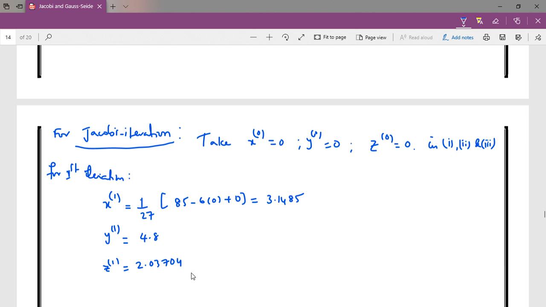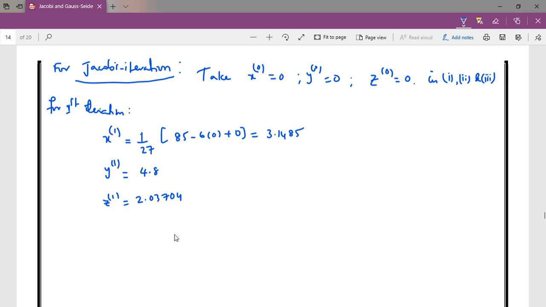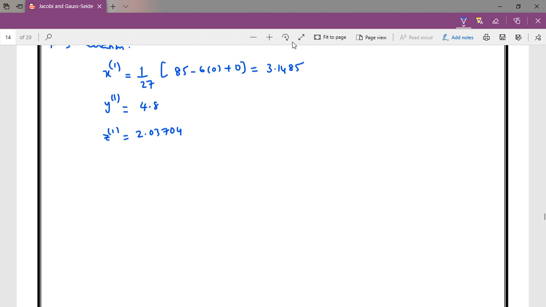Now, immediately after finding x1, y1, z1, before proceeding with the second iteration, third iteration and so on, I would like to have a table of iterations: number of iteration, x values, y values, and z values.